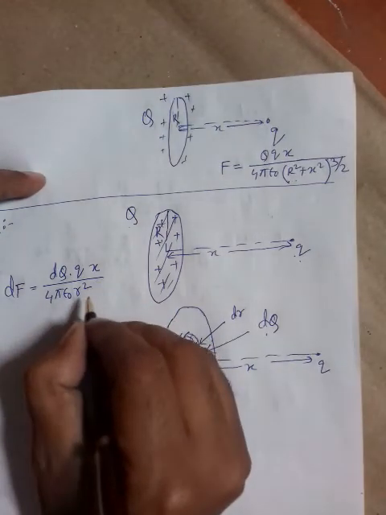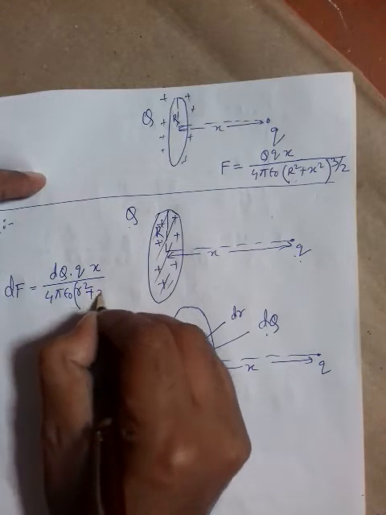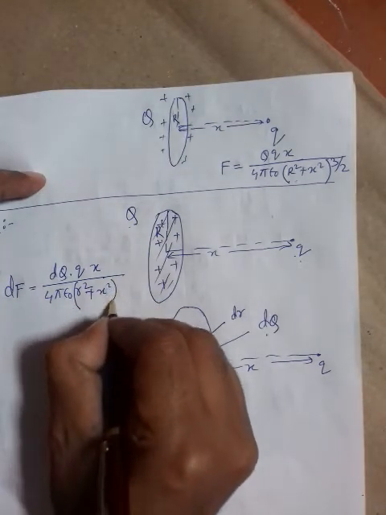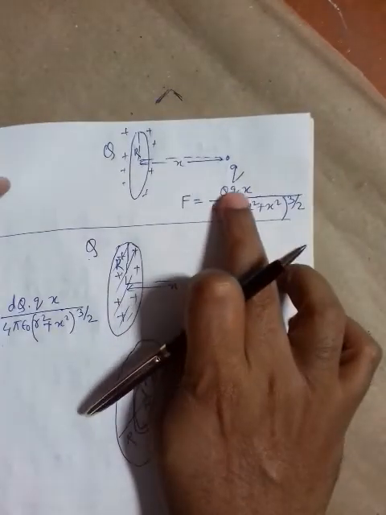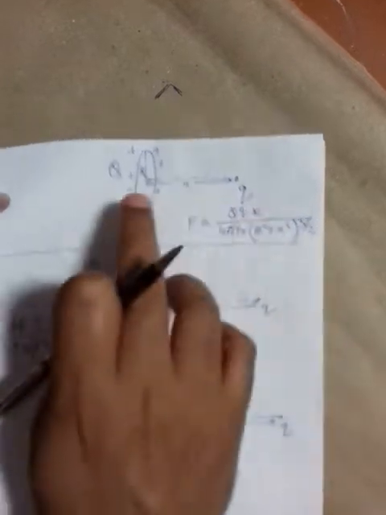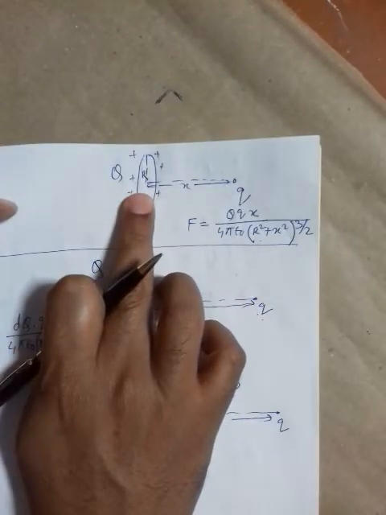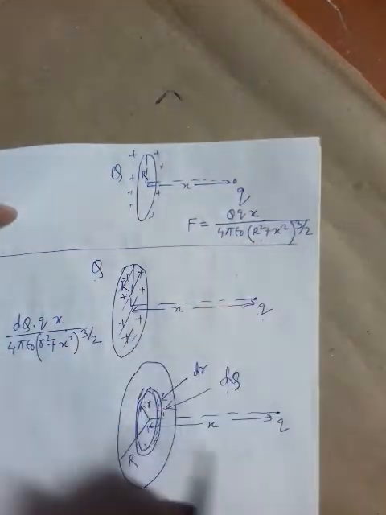The actual formula was capital Q small q x by 4 pi epsilon naught (capital R square plus x square) to the power 3 by 2, as in the derivation shown in my last class.